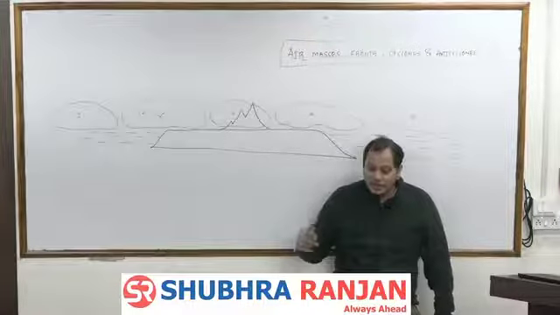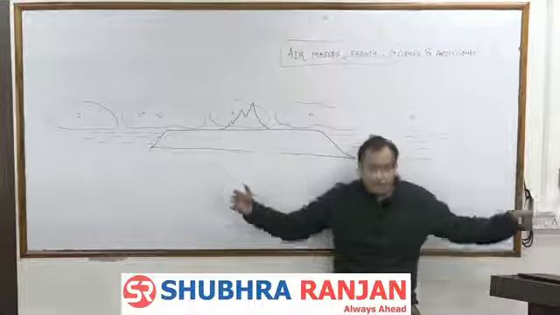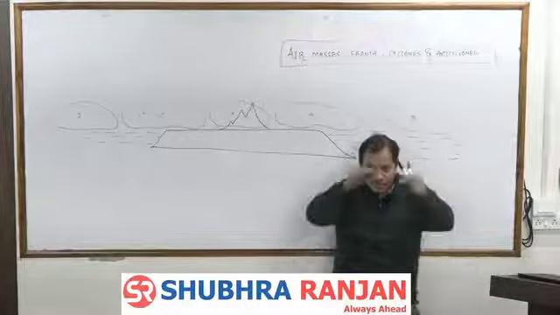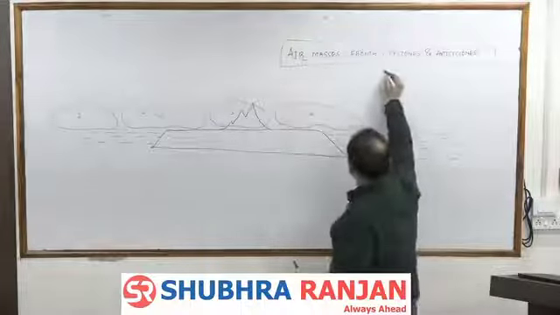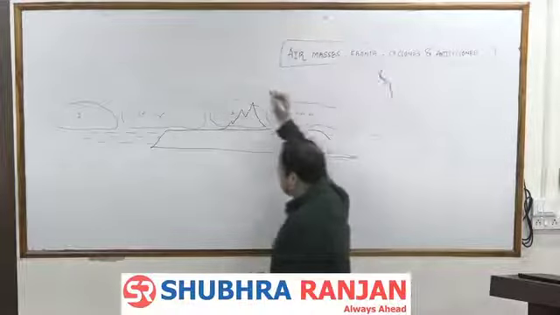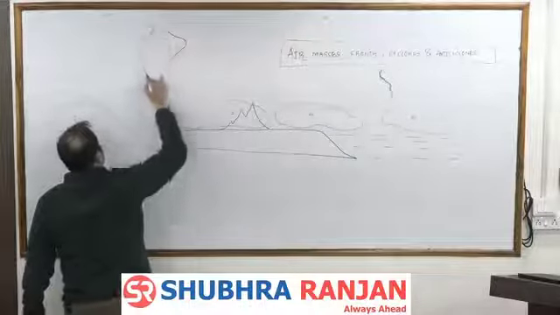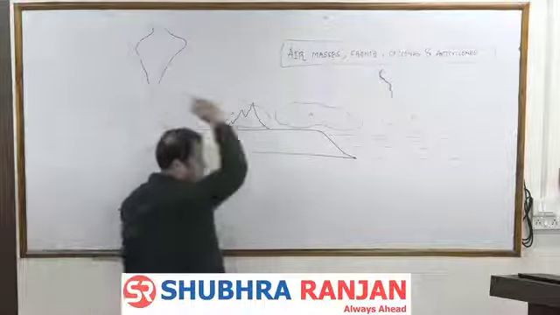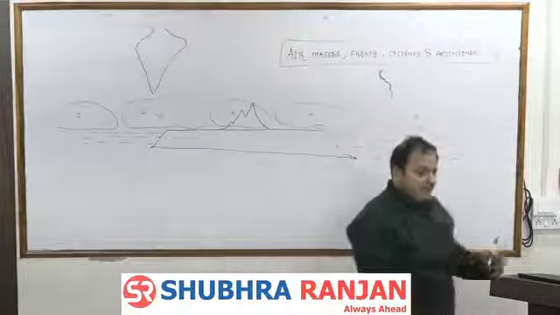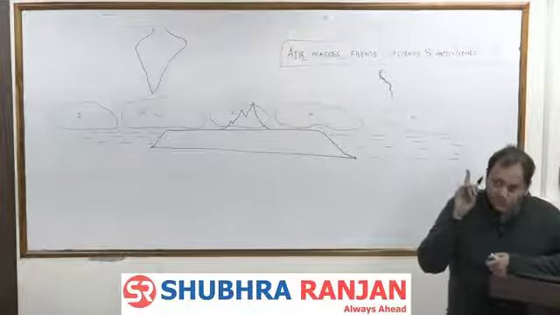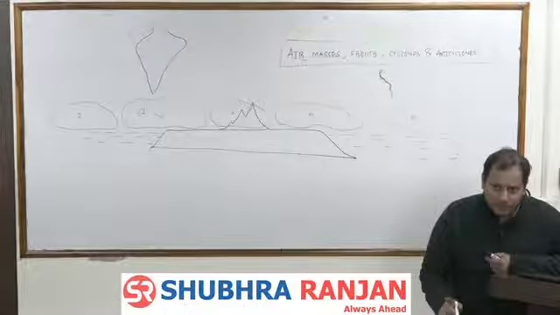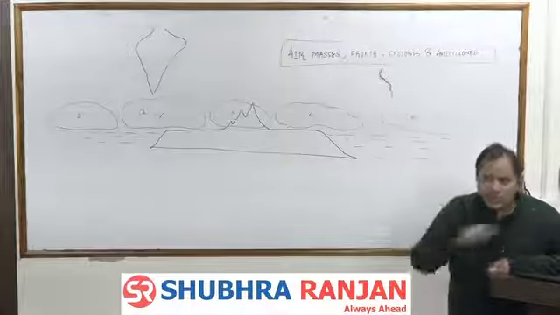And some parts jahan pe land is very wide is equator, Brazil wala ye region. If you remember the South America ka map. This is area which is very, very wide. But air masses cannot originate at the equator, because at the equator air is not constant.